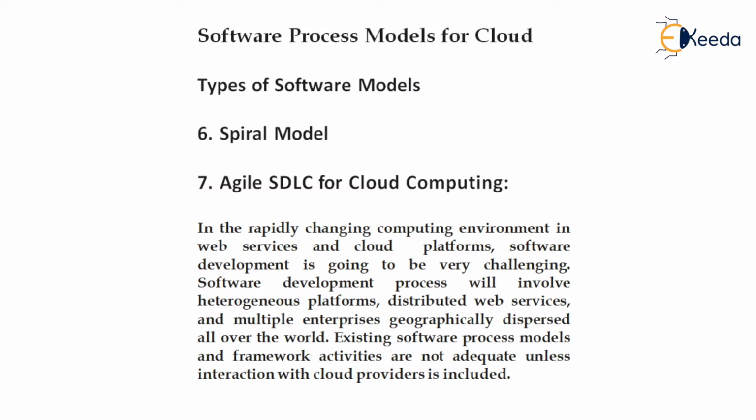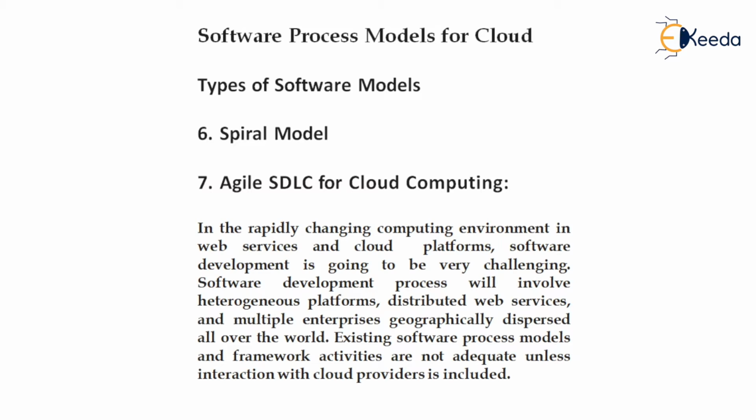One is the planning phase, another is the risk analysis phase, next is the engineering phase, and last is the evaluation phase. In this model, the software project repeatedly passes through each phase in iterations called spirals. The baseline spiral starts at the planning phase, requirements are gathered, and risk is assessed.